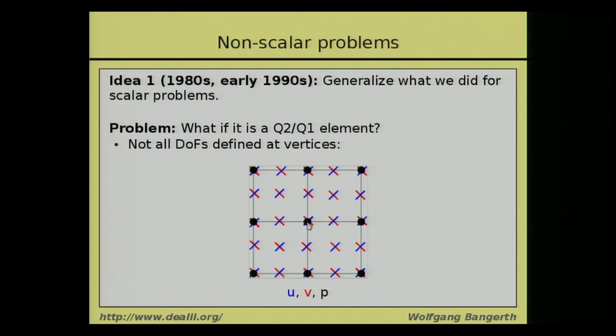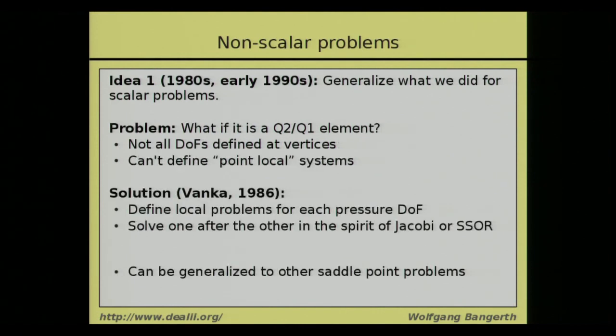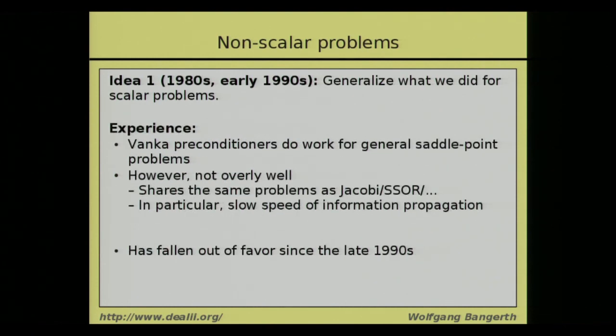So you get systems that are fairly large, certainly much larger than 3 by 3. But ultimately, the Bangerth method is not terrible. It certainly works. It is a proper generalization of Jacobi, and you can do the same thing as for SSOR. And in particular, you can generalize this to all sorts of other saddle point problems where you have a zero block on the diagonal. So that's the first idea.